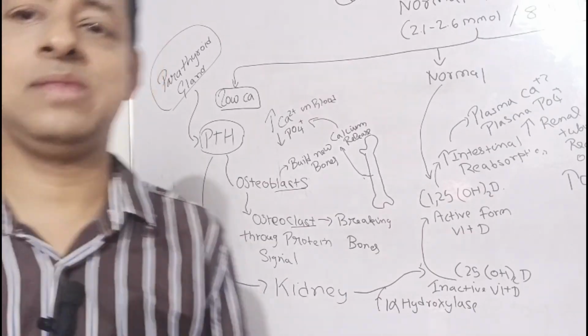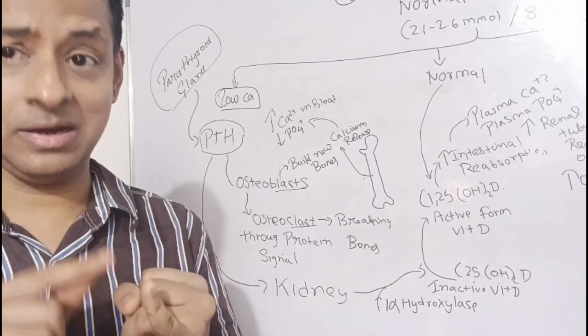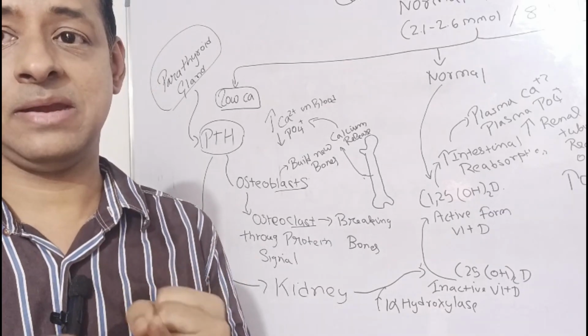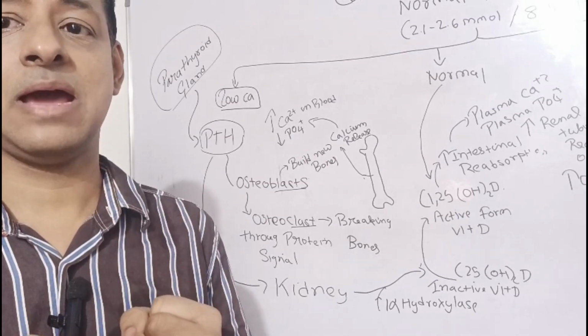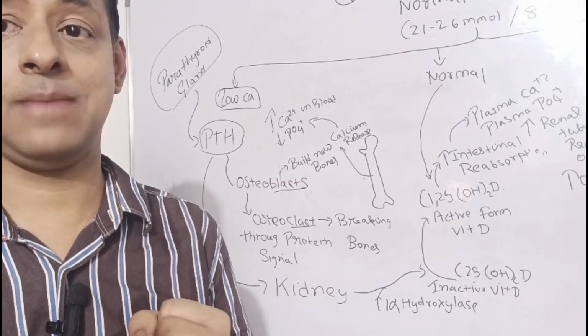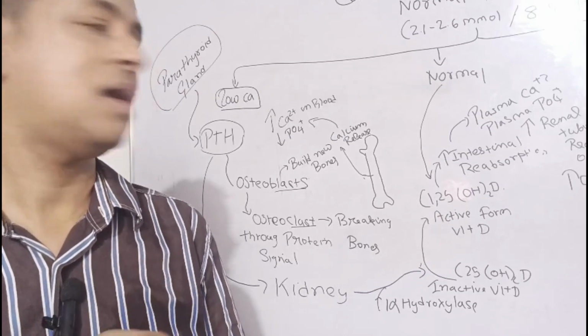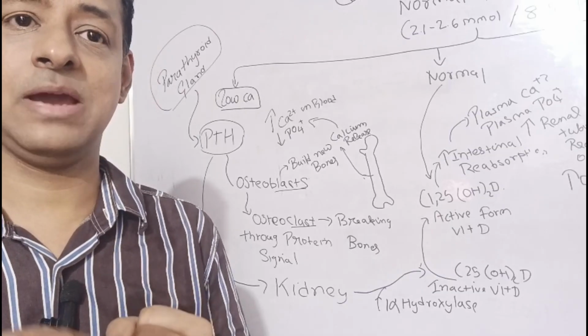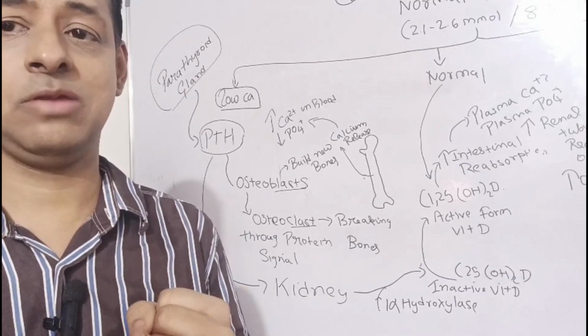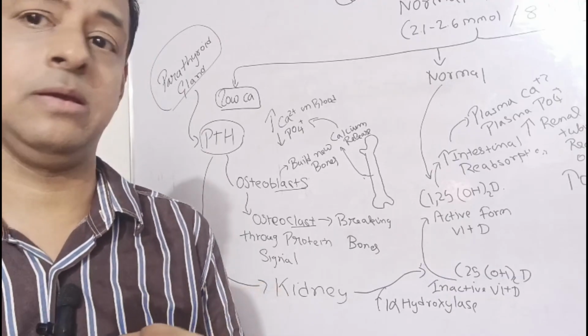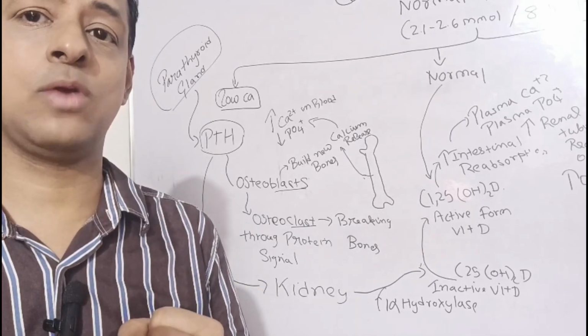We have to know that if it falls very low, it may result in tetany, which is muscular spasm as a result of hypocalcemia. Next, arrhythmia: irregular heartbeats can be seen while calcium is dropping in hypocalcemia.